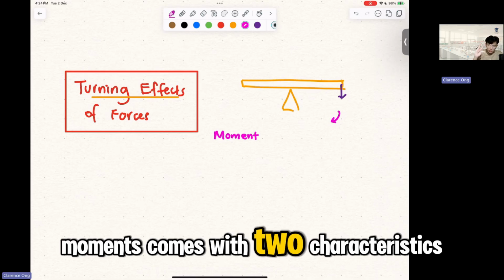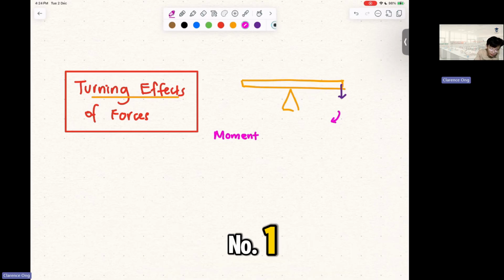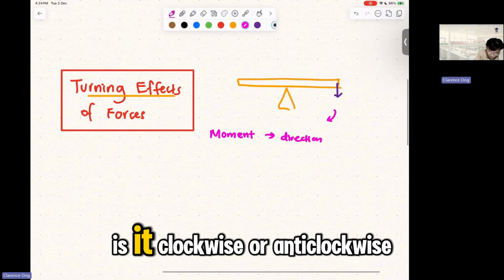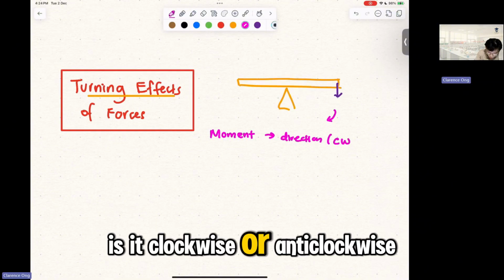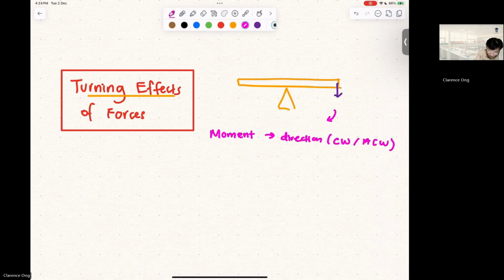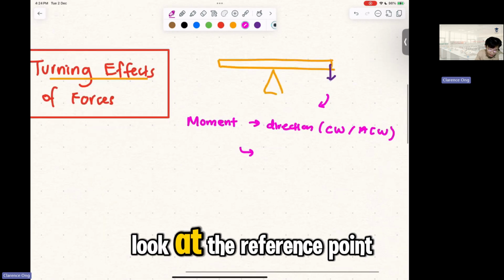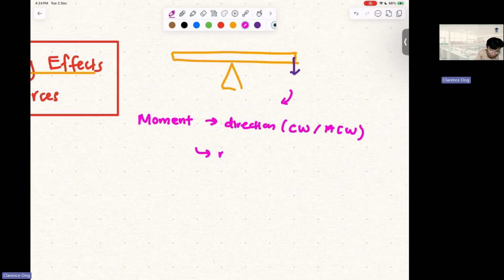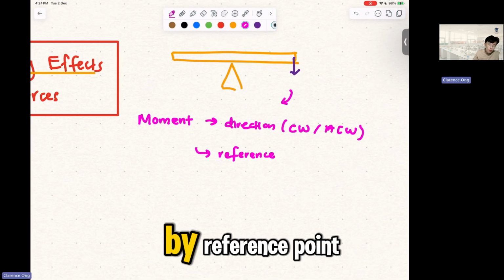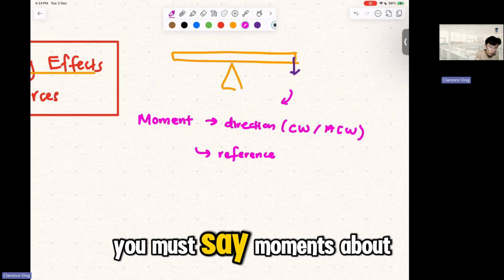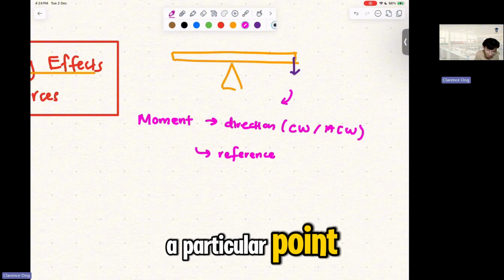Moments comes with two characteristics. Number one, the direction of moments. Is it clockwise or anti-clockwise? Number two, for moments, we must also look at the reference point. So what do we mean by reference point? You cannot just say moments. You must say moments about a particular point.